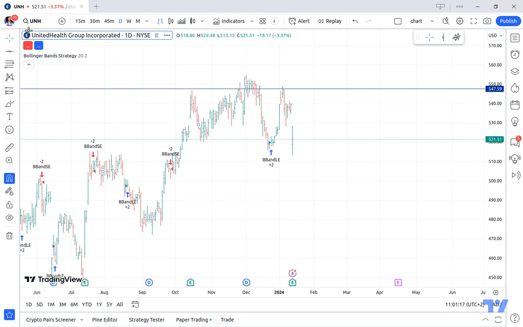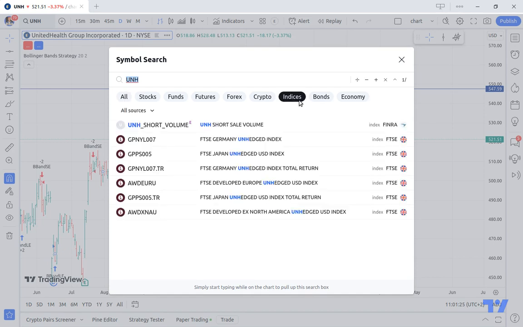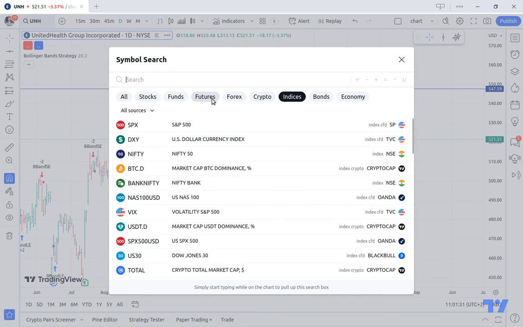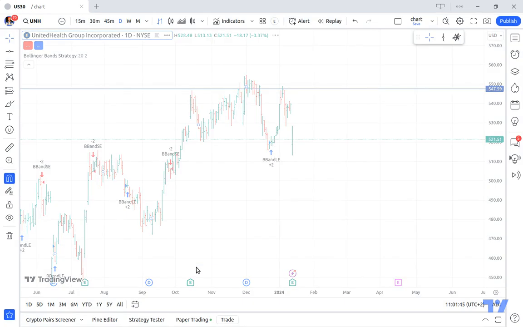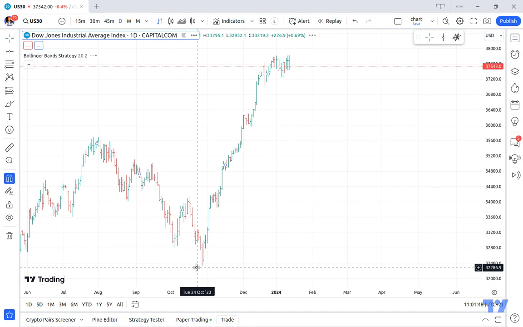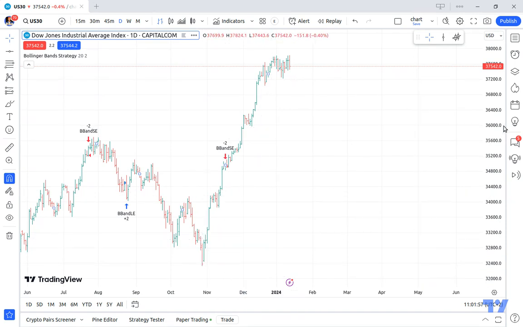So we can also look at another example of a double top pattern and an entry. Again, shout out to Mike Maloney who really inspired this video. So we're going to look at another double top pattern. Which one are we going to do? Okay, let's do the Dow Jones. We'll see if there was an entry for a double top pattern in the Dow Jones.